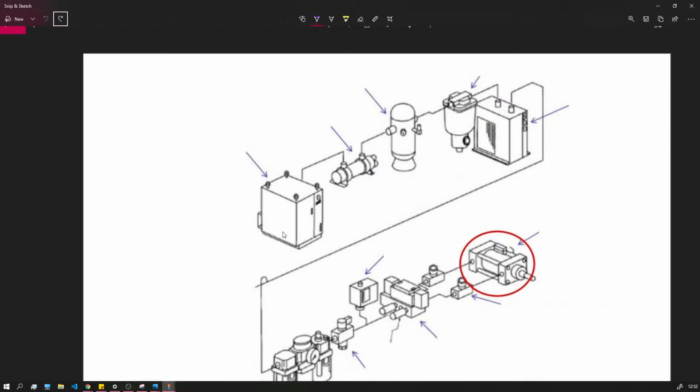But actually, in front of the compressor, there's another device, which is not shown on the diagram, because the compressor takes air from the atmosphere, and we know that air in the atmosphere may not always be of the best quality.